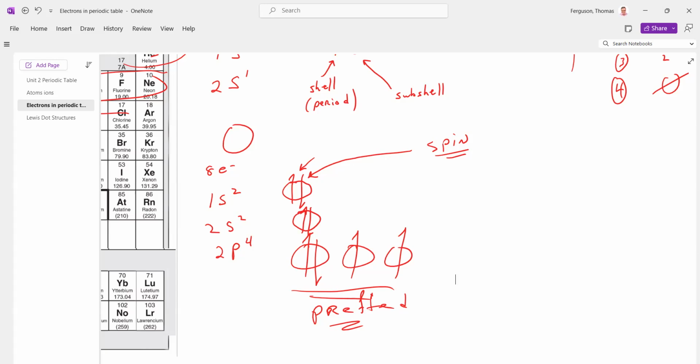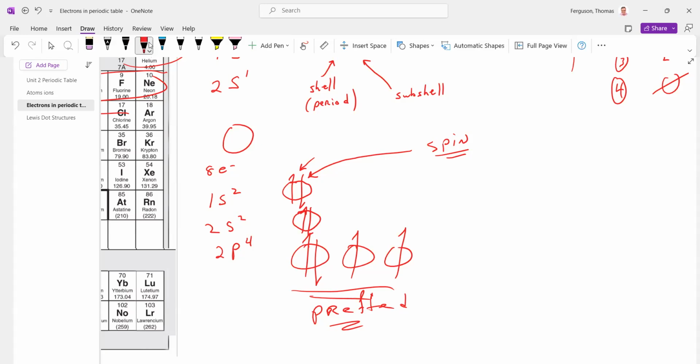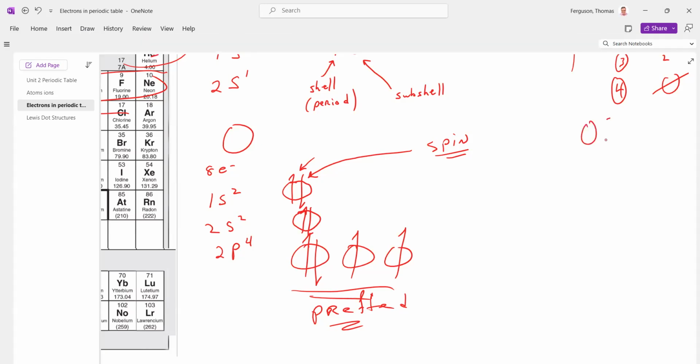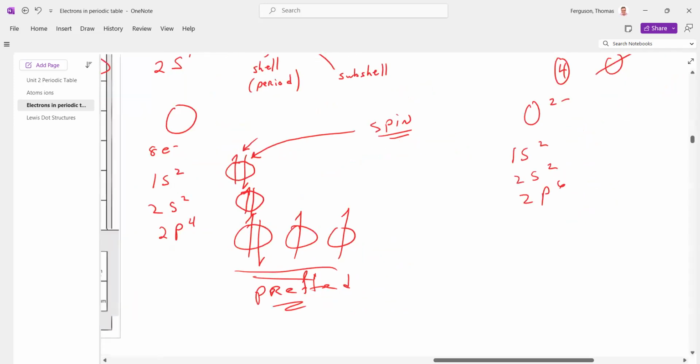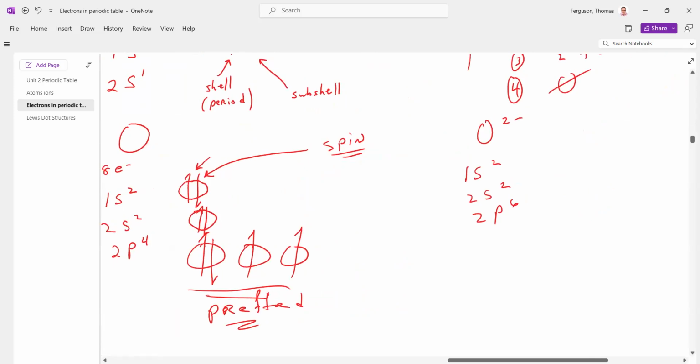That's why it likes to gain 2 electrons. So the ion oxygen forms is going to look like this.